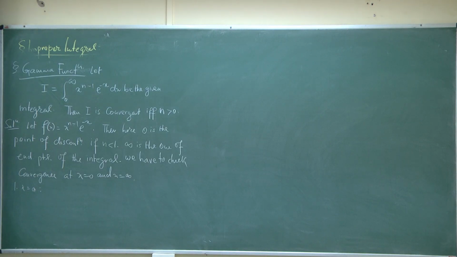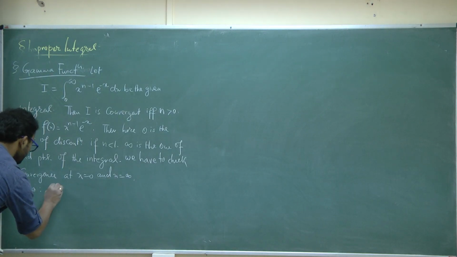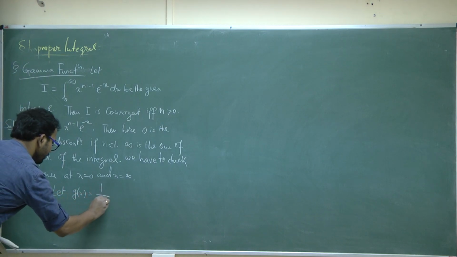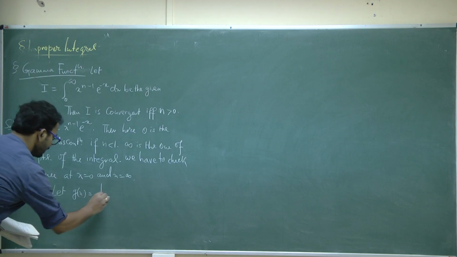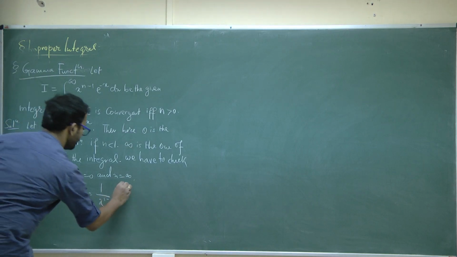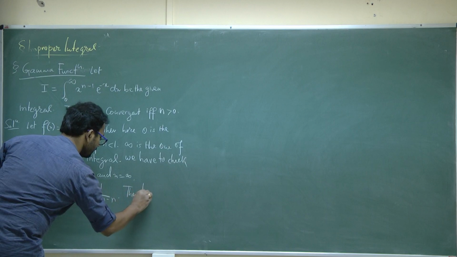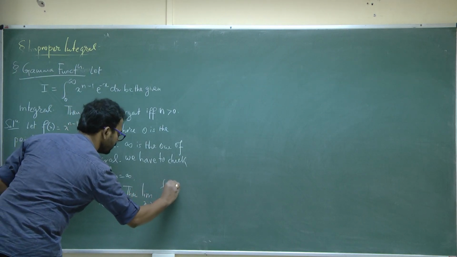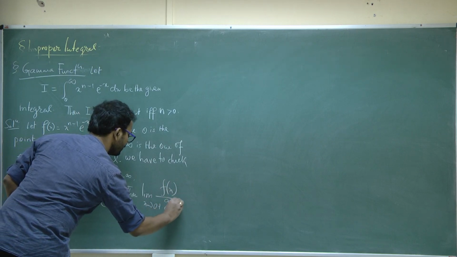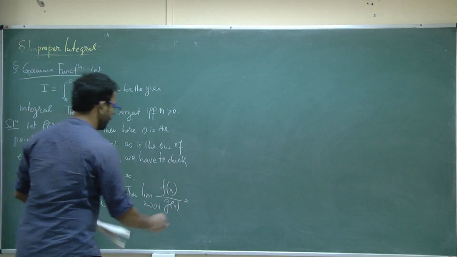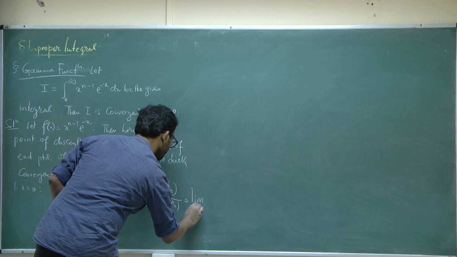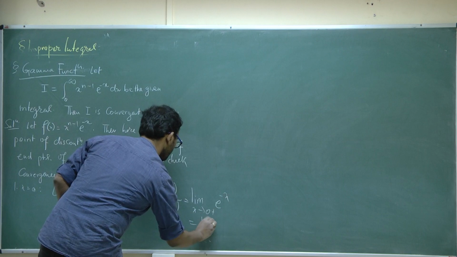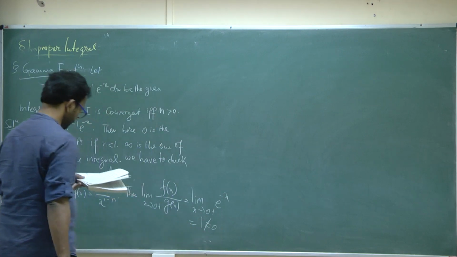So, when x equals 0, then we can take g of x equals 1 by x to the power 1 minus n. Then we can evaluate the limit as x goes to 0 positive of f x by g x, which is not equal to 0.